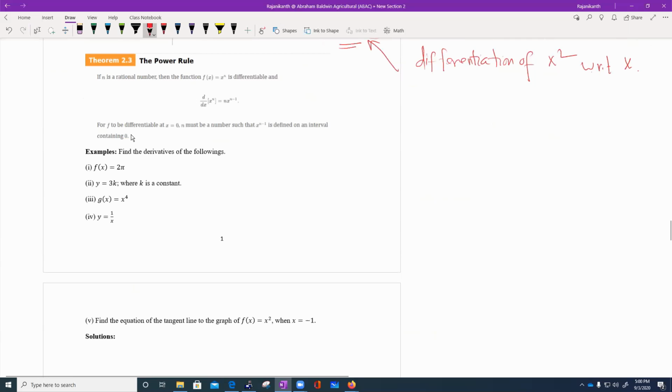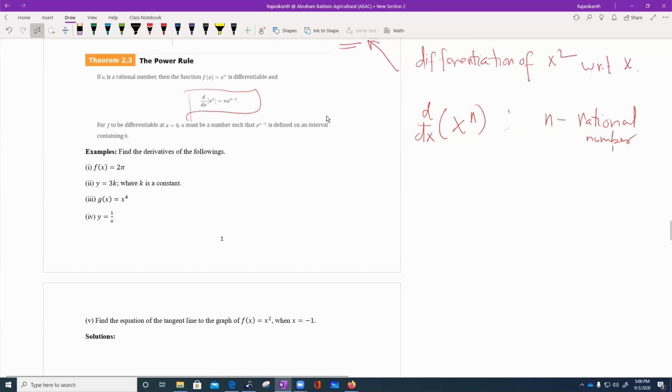But the second formula is important, right? The derivative of any function in the form of x to the power n. Here n could be any rational number. Do you know the meaning of rational number?